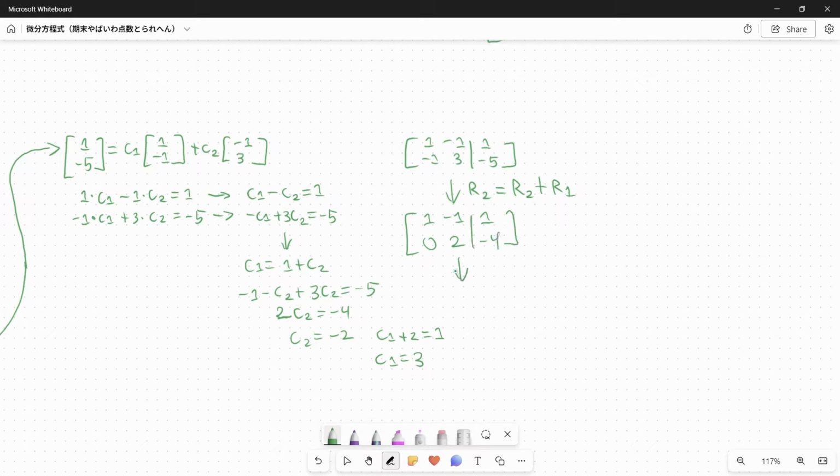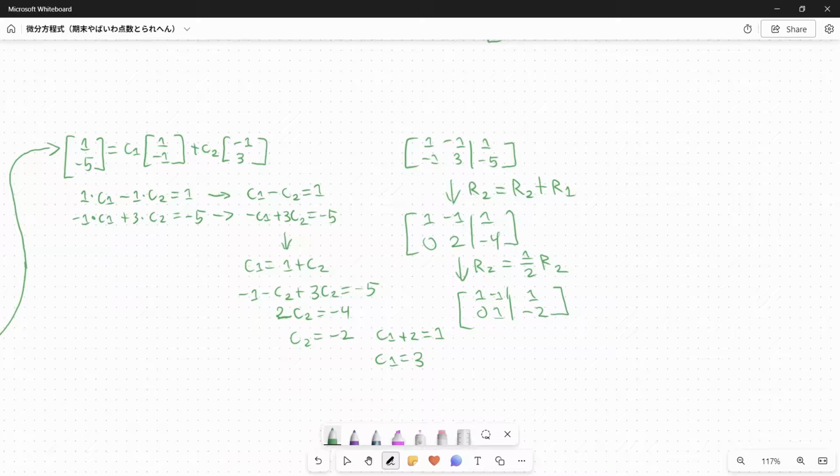Then we can do another pass to simplify the bottom row again and say that r sub 2 is equal to 1/2 r sub 2, which gives us a new matrix that looks like 1, negative 1, 0, 1, bar, 1 and negative 2.